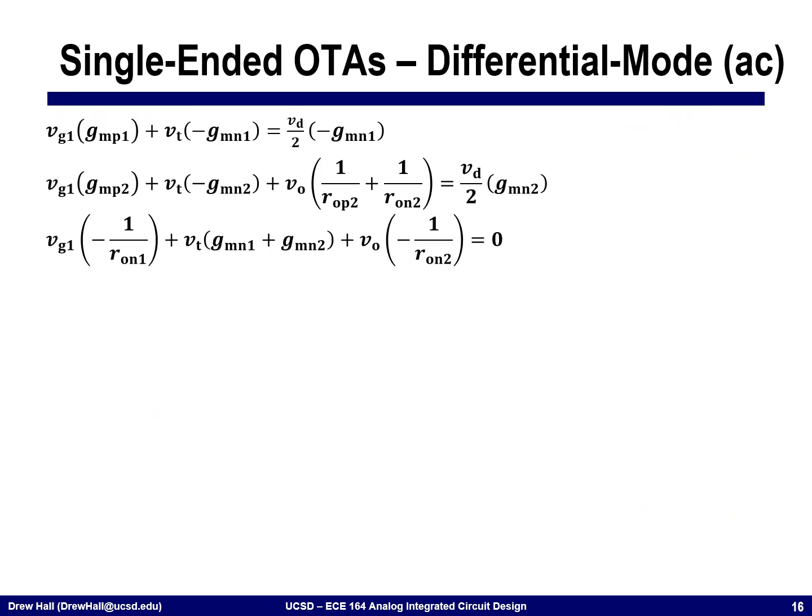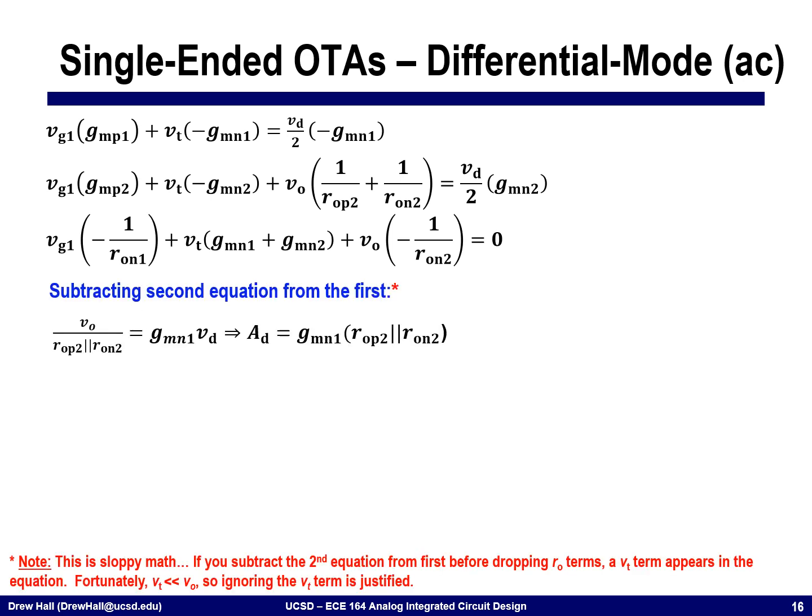All right, so just rewriting my expressions here for convenience. Now I'm going to do a little bit of what I call sloppy math. Sloppy math is where I'm going to take this second expression and subtract it from the first expression.